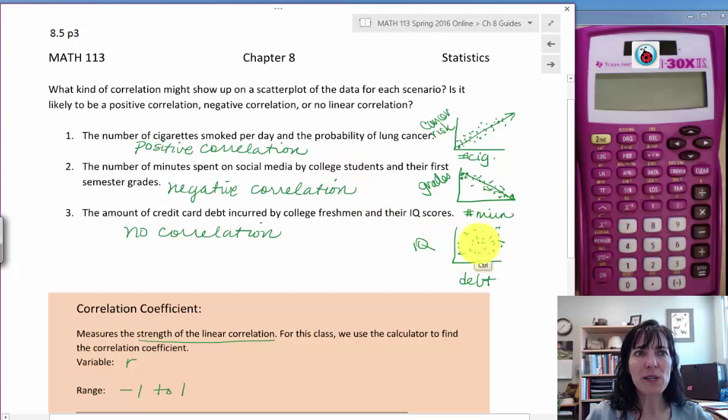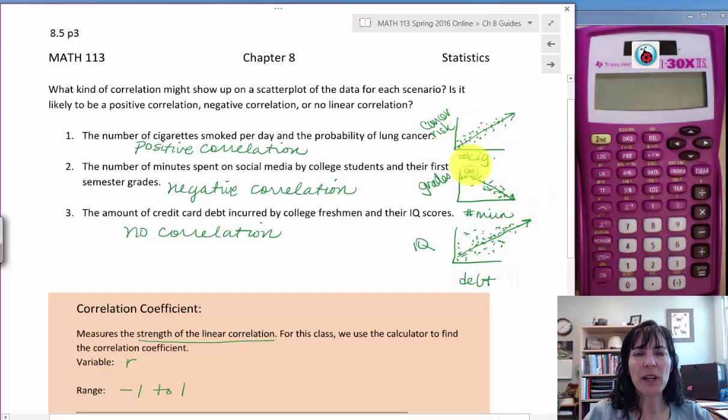If we have something close to this that we actually found, maybe we found just enough data to make it look like a correlation, we would have to call this one a weak linear correlation, because there's so many data points away from our line that our line doesn't really represent the data.